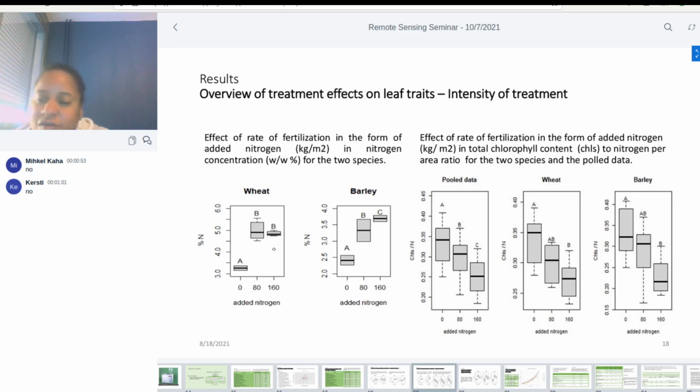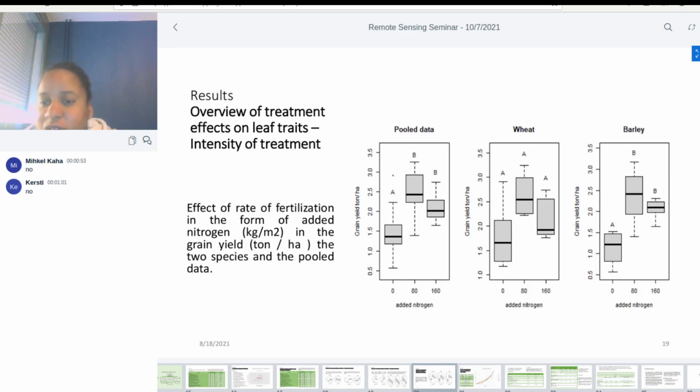Then we have that the chlorophyll to nitrogen ratio is decreasing as the concentration of nitrogen added to the soil is increasing. And this is true for the pooled data, which contains the information of both species, and for each of the species separately as well.